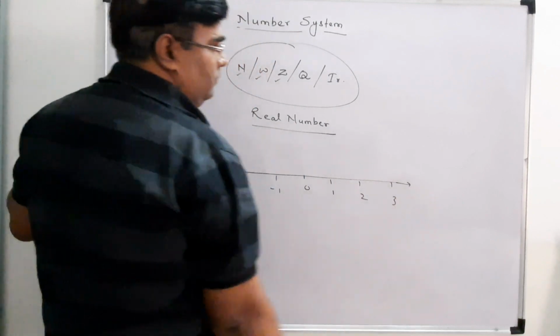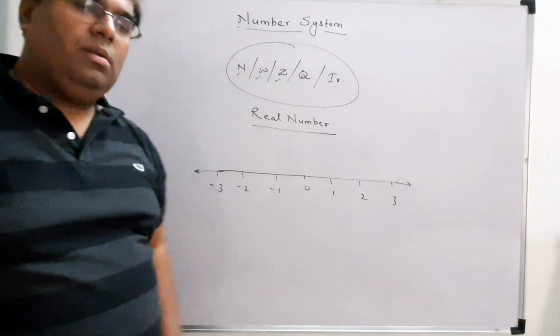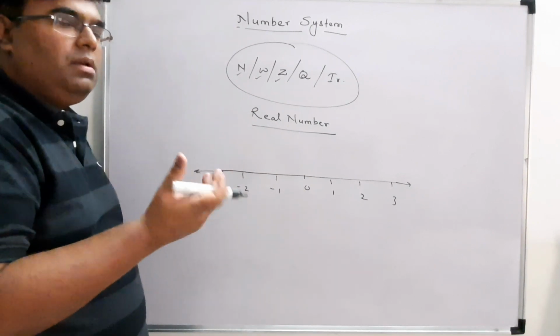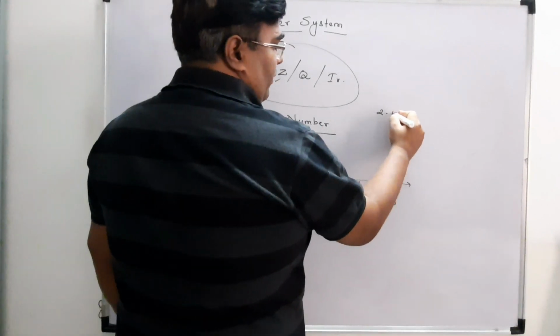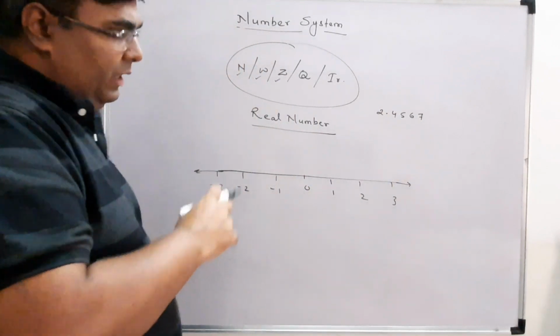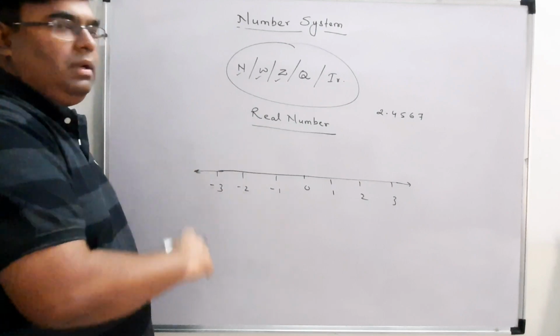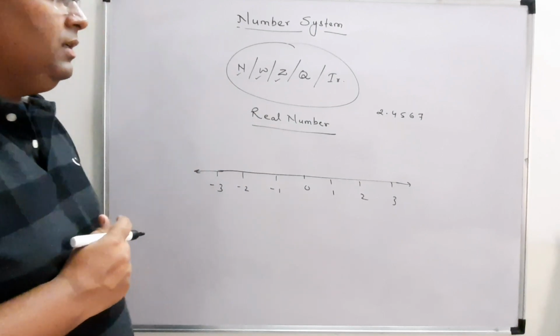Correct? And we also know how to represent our rational numbers. So we are concerned here about decimal representation. Suppose we need to find 2.4567 like this. We need to represent this real number on the number line. Let us understand how to do it, right?